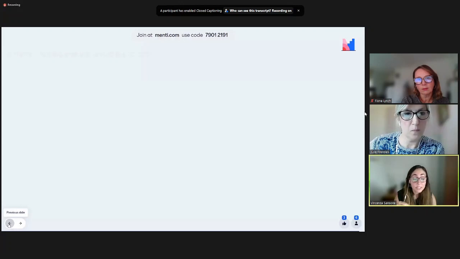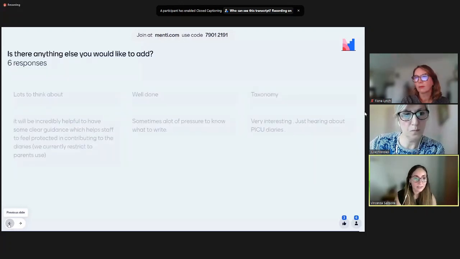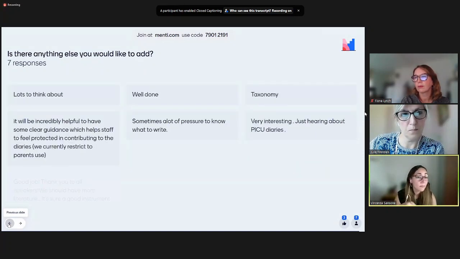So it's important to have written guidelines, to explain that it isn't a medical record. It is a tool for families or for the child, and we need to understand that we have to use simple words.